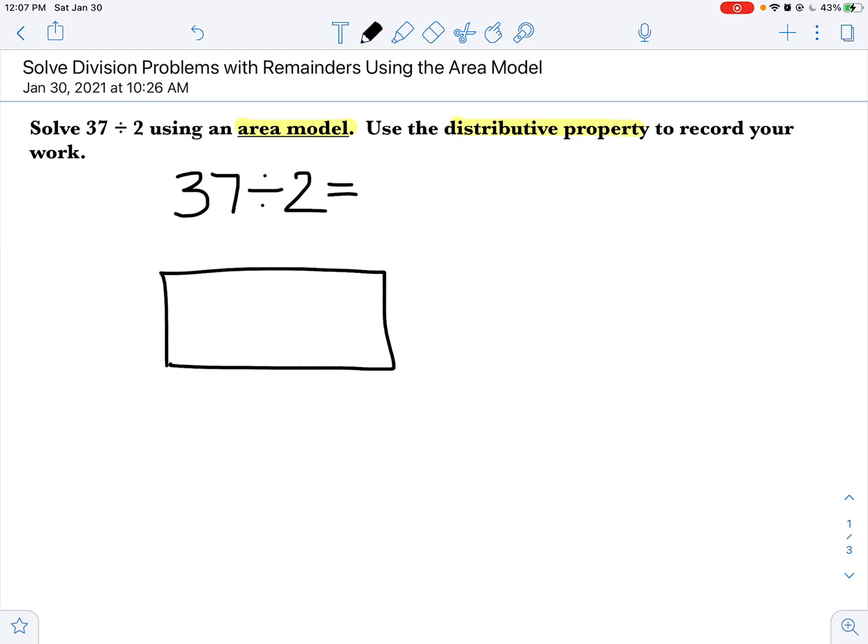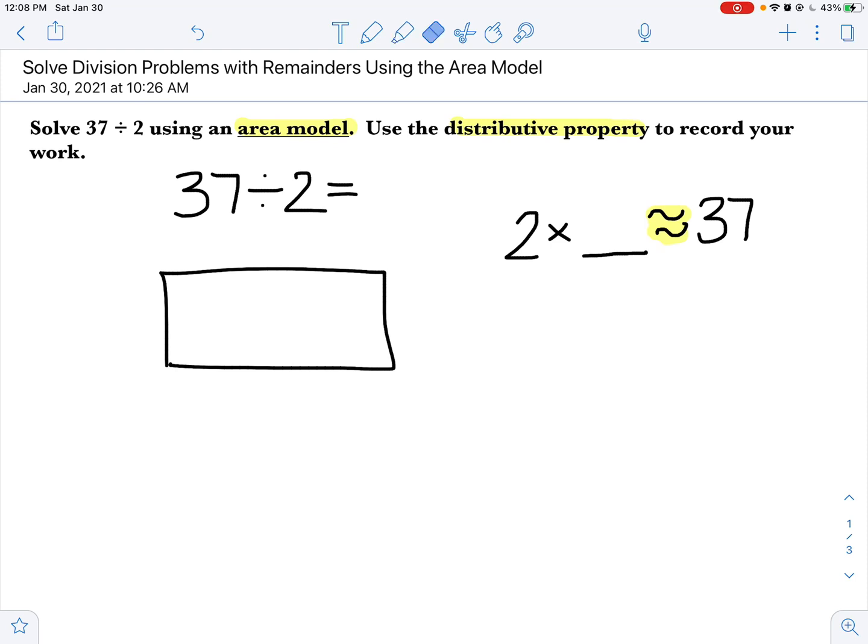So I'm going to start by thinking about 2 times what is going to get me close to 37. Remember this symbol right here is about. So I'm saying I want to know what's going to get me as close to 37 as possible. I'm going to think about all of those multiplication facts that I know really well.